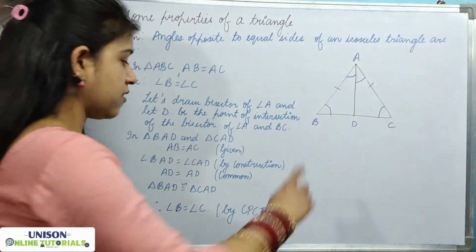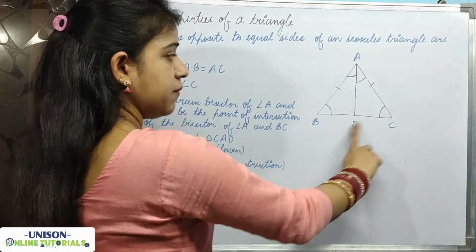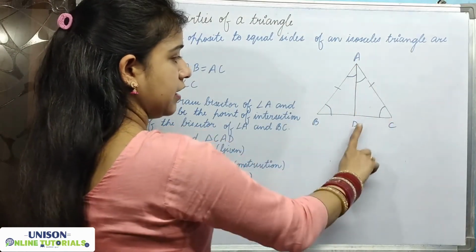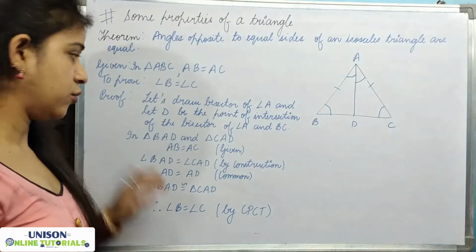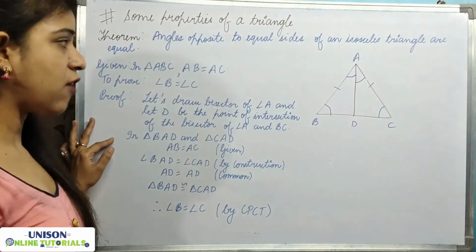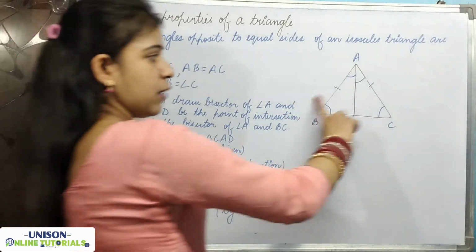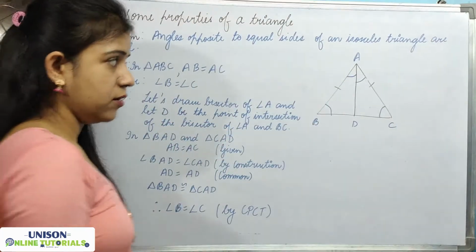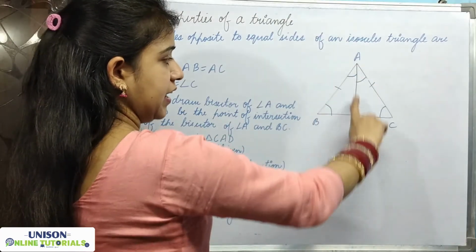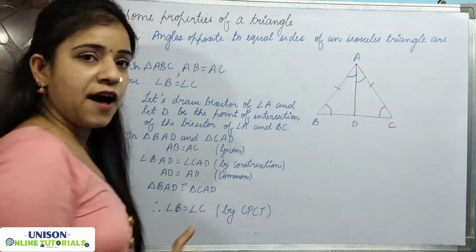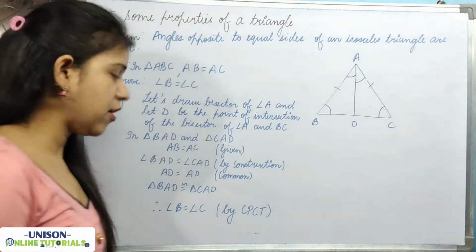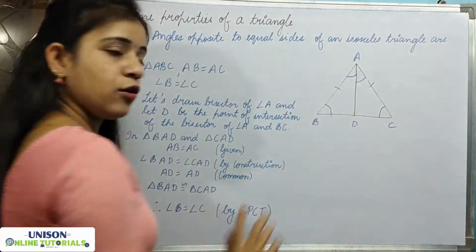So we have to take this triangle BAD and triangle CAD, and we need to prove that these two triangles are congruent. So in triangle BAD and triangle CAD, AB equals AC, this is given, and angle BAD equals angle CAD, because AD is the bisector of angle A. And third one, AD is common.